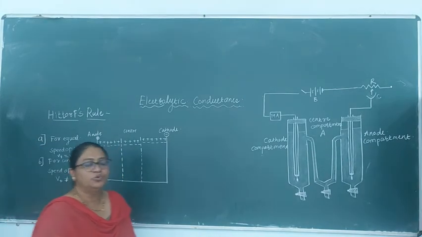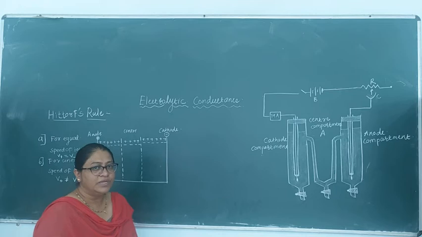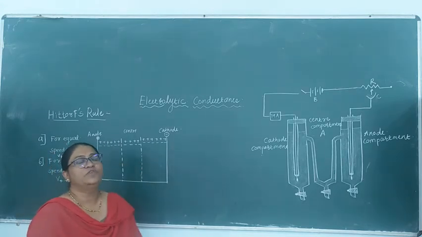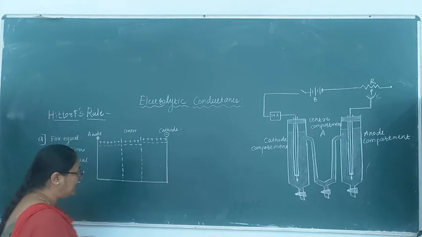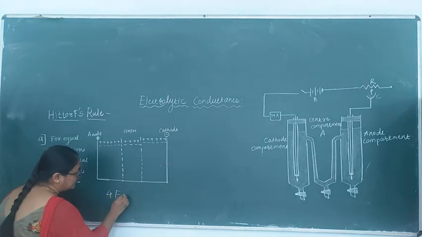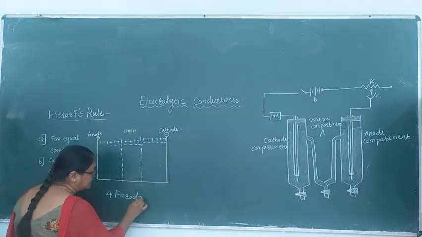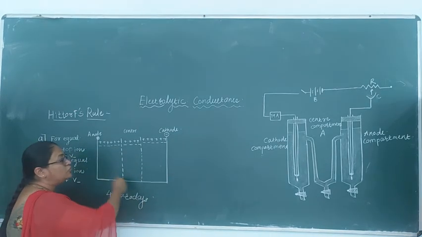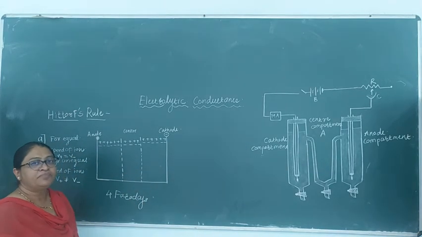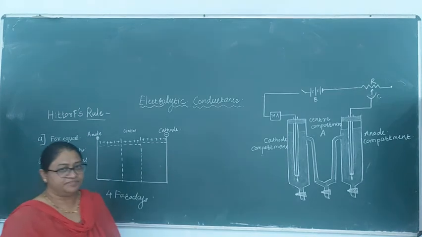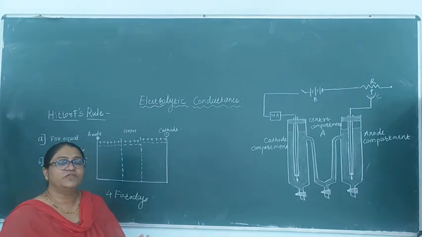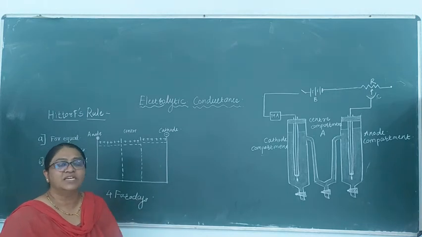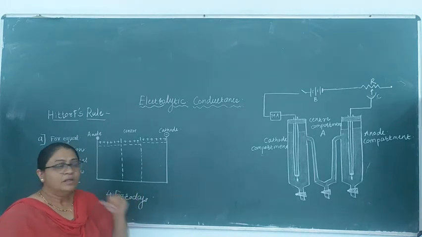Now what we are going to do is provide 4 Faradays of electricity to this electrolytic cell. How many? 4 Faradays. 4 Faradays of electricity is carried through this cell. That means 4 equivalents of each ion will migrate. Right?